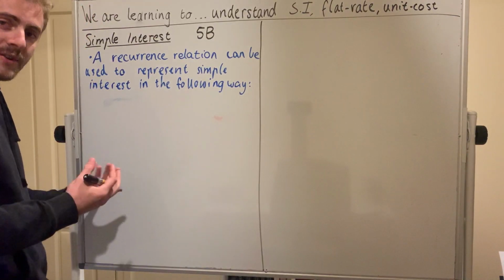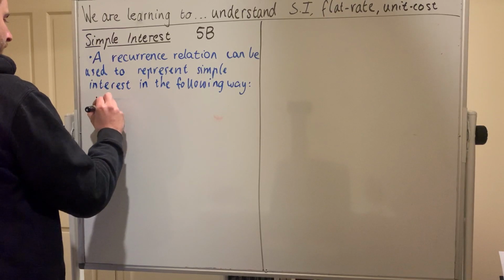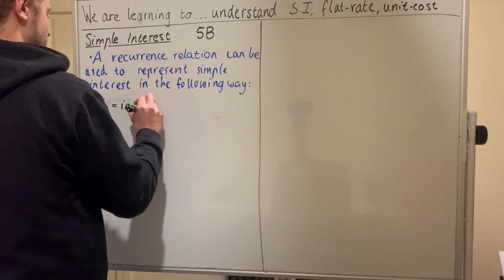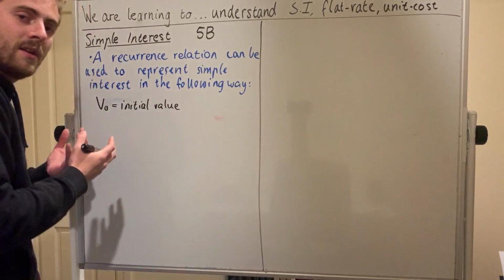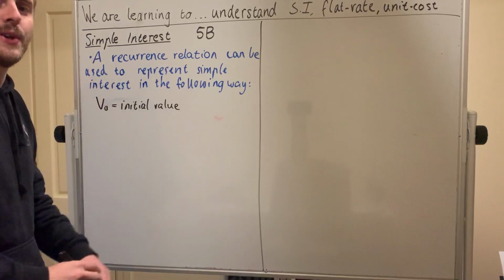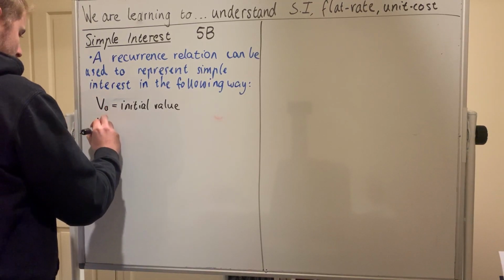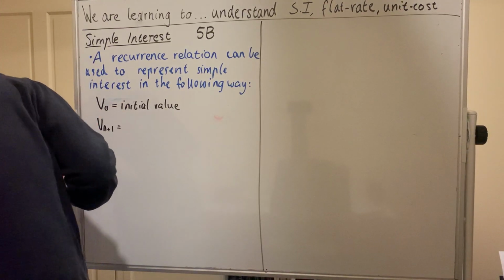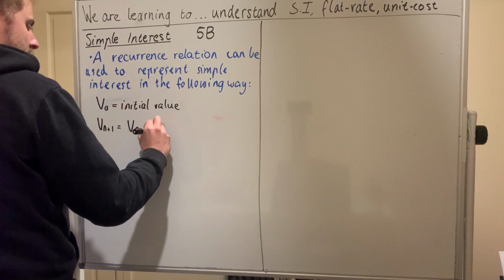But typically, most of the time, you'll notice it's represented by a V. So same thing, V0, like the 0th term, or our initial value. And then we got Vn plus 1 is equal to Vn plus D.